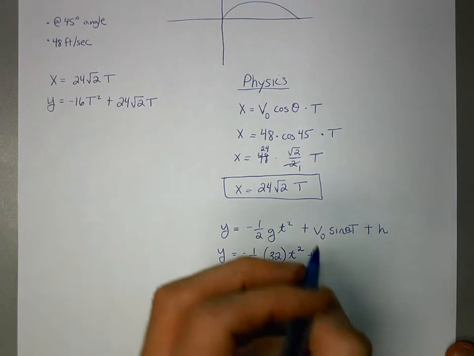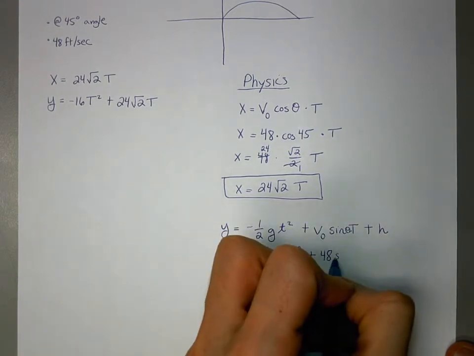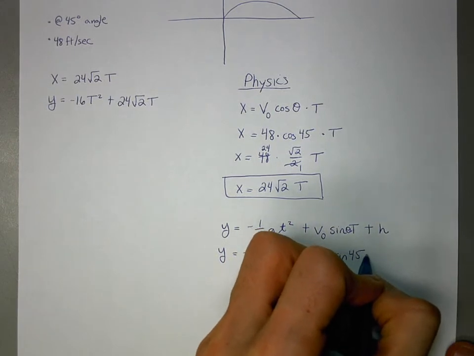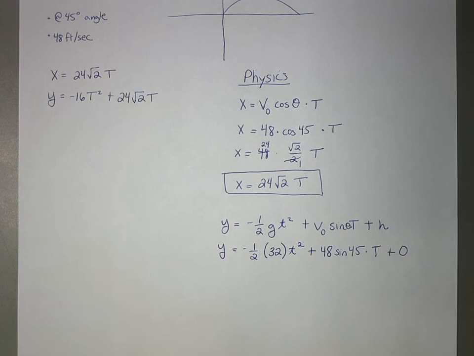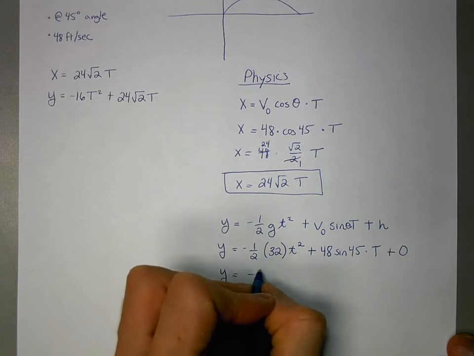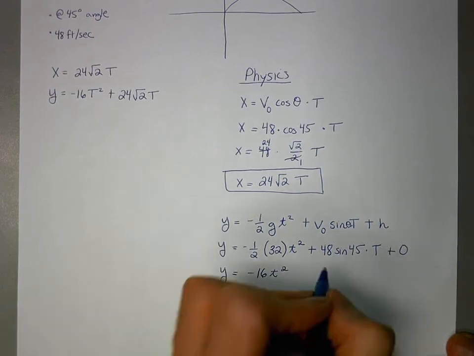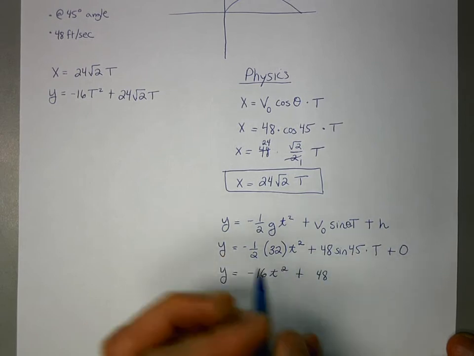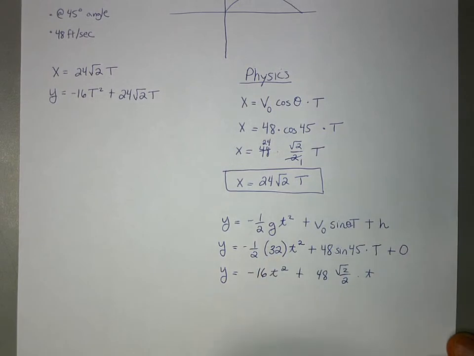I know my initial velocity once again is 48, and then the sine of theta is the sine of 45, and my initial height is 0 since I'm kicking it off the ground. So here this turns into negative 16 t squared plus 48 times the sine of 45, which once again is square root of 2 over 2, times t.